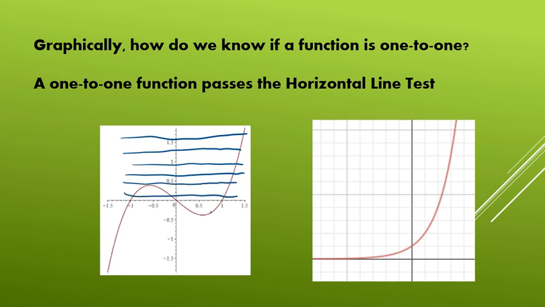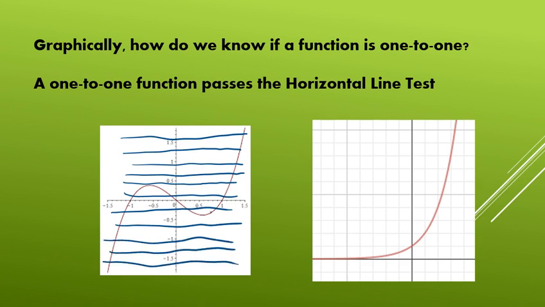So looking at this first one here, I'm drawing some horizontal lines. You can picture these things going every way, both ways across the x-axis, all completely horizontal. But look at these couple lines that we have in the middle.